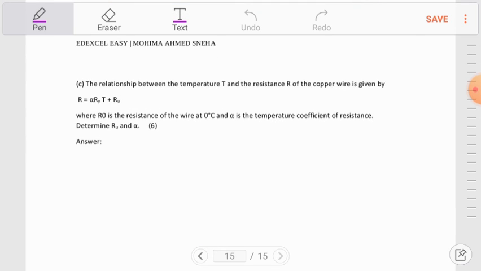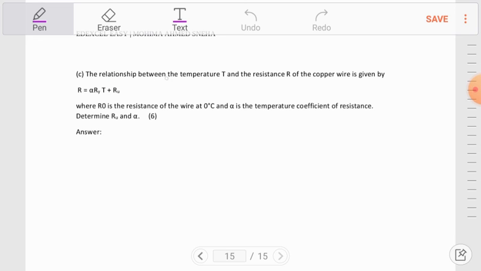In part C, it says that the relationship between the temperature T and the resistance R of the copper wire is given by the equation R equals alpha R naught T plus R naught, where R naught is the resistance of the wire at 0 degrees Celsius and alpha is the temperature coefficient of resistance.